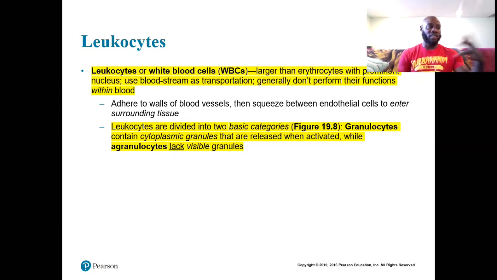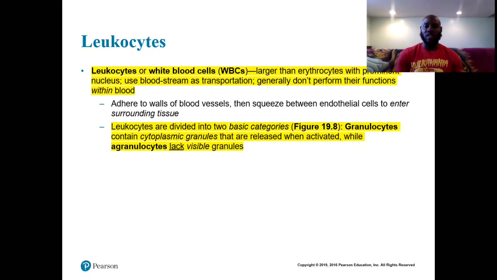And so let's say that virus has infected a certain cell. My white blood cells can travel through my bloodstream and the blood vessels to eventually get to wherever the infection is. So they generally don't perform their functions within the blood, but they use the blood to travel.